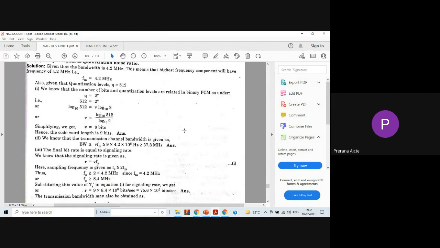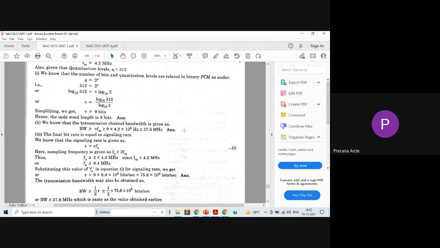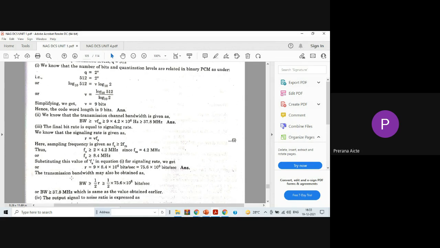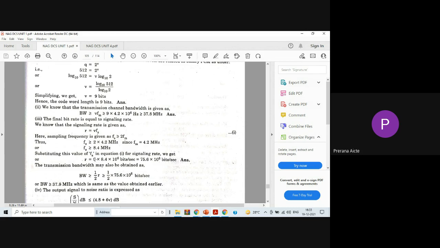So the signaling rate is given by, do you know the formula for signaling rate, which is small r equal to V into Fs. Okay, and what is Fs? Sampling frequency, where Fs is greater than or equal to 2 into Fm. That is, Fs is greater than or equal to 2 into 4.2 megahertz, which is 8.4 megahertz, so that we can obtain the signaling rate as r equal to code word length.